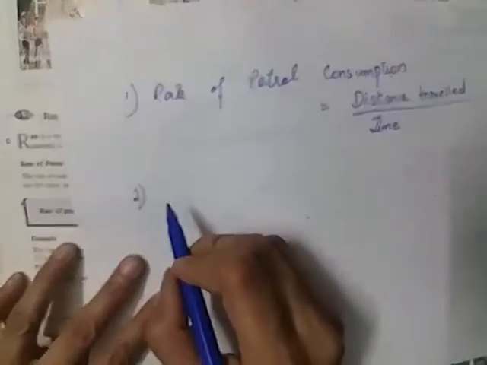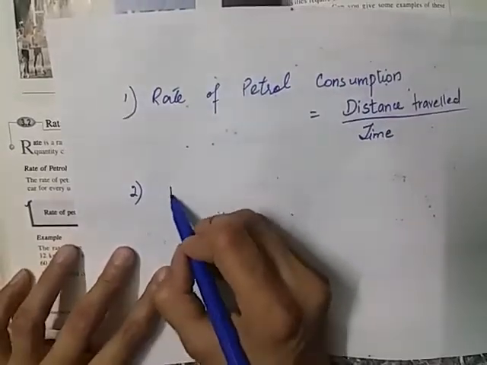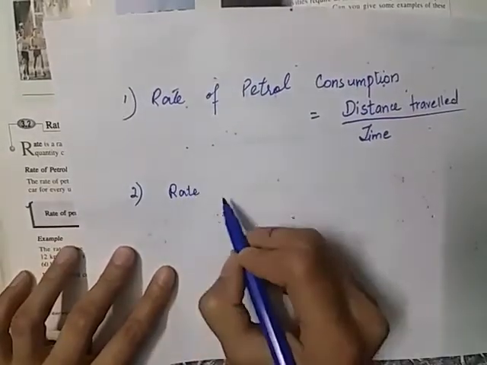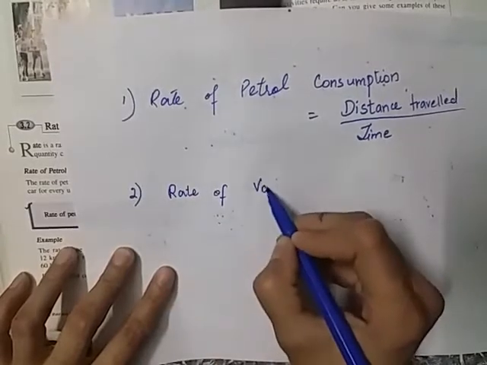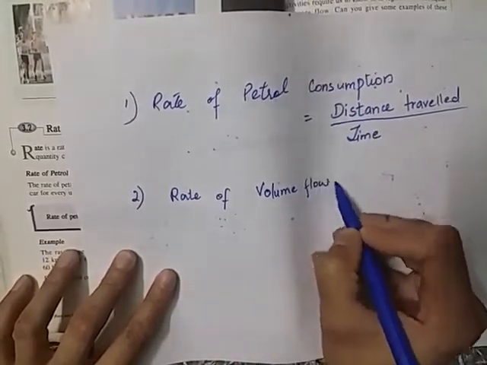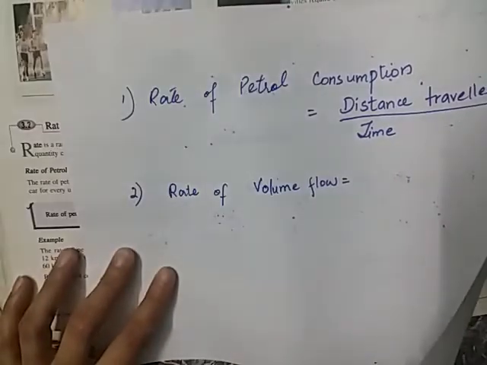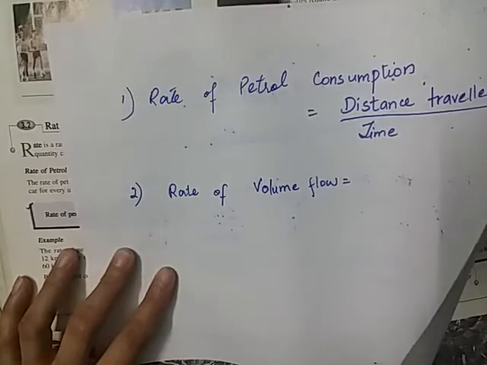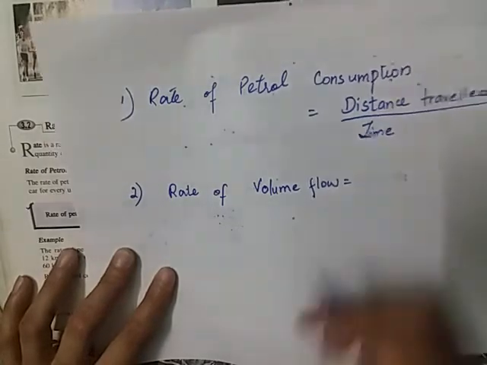Formula number 2 is rate of volume flow. This would be equal to volume of liquid or gas flowing out divided by time taken.